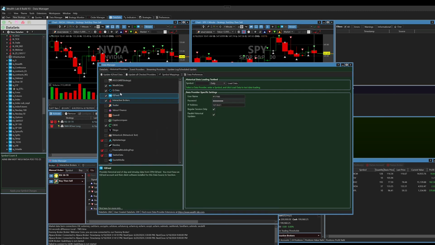This is your symbol mapping for your historical providers, IQFeed. So for example, if a symbol with this format, this is a regex format, comes in, like if I type in NQ M20, M24, so that becomes, well, that's not a good example.